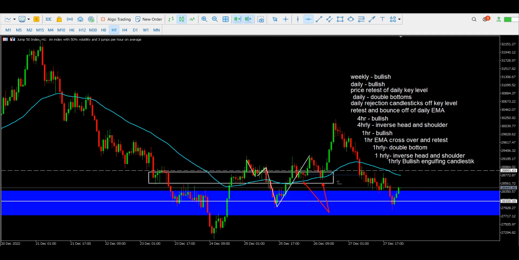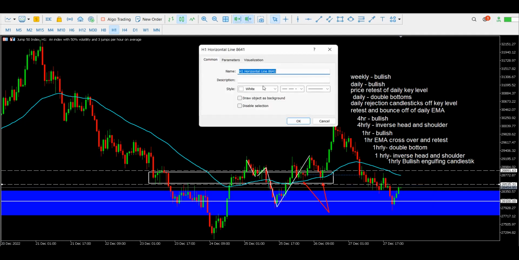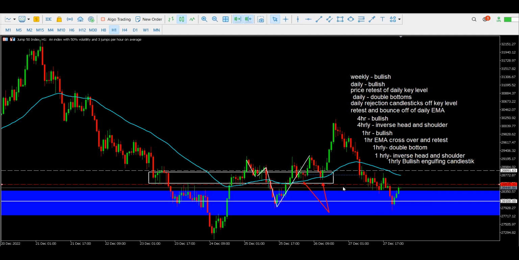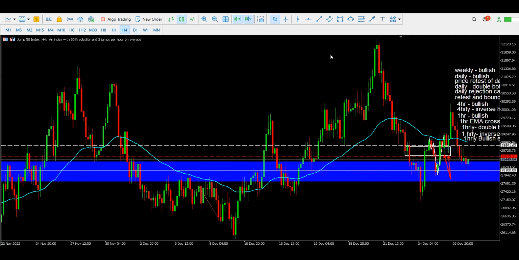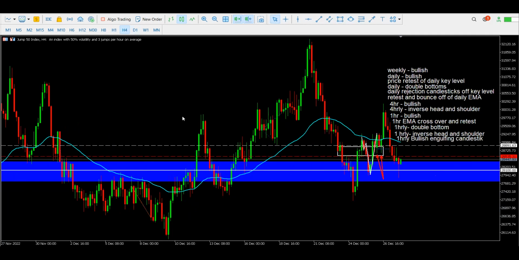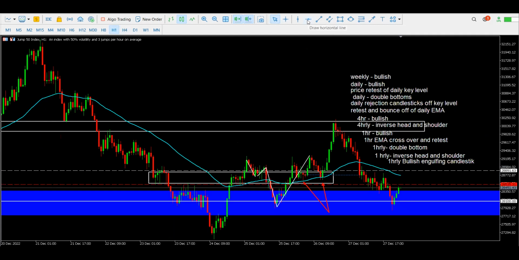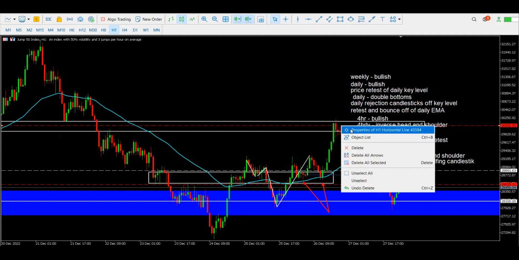And we had a tight stop loss on this, just below the level. Our take profits were identified from the 4-hourly time frame, where we're anticipating price to come into this 4-hourly key level, securing ourselves a nice 1 to 4 risk-to-reward on this.